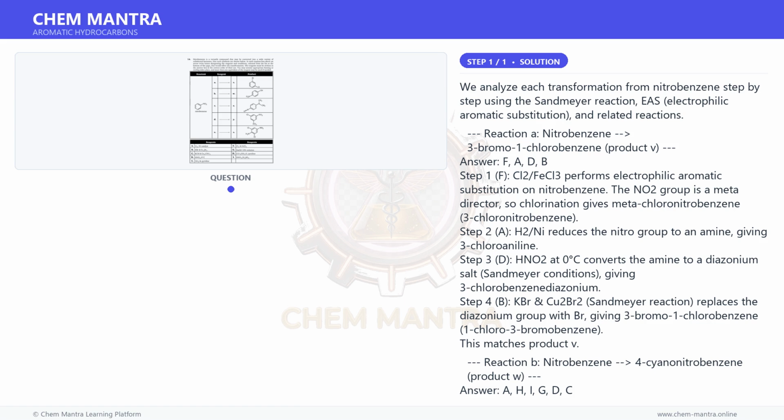This matches product X. Reaction D: nitrobenzene to 3,5-dichloroaniline, product Y. Answer: F, I, A or I, F, A. Path 1: F then I then A. Step 1. Cl2/FeCl3 chlorinates nitrobenzene at the meta position, since NO2 is a meta-director, giving 3-chloronitrobenzene.